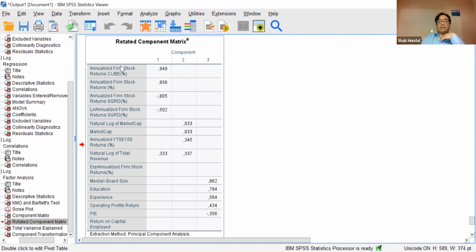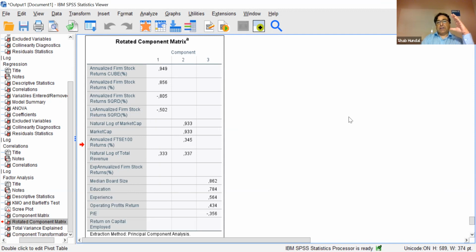But if they were different variables with different names, then just imagine that these are not firm stock return based variables, but different variables. It means that I can form one factor, which is an average of these variables. Don't care about the sign.